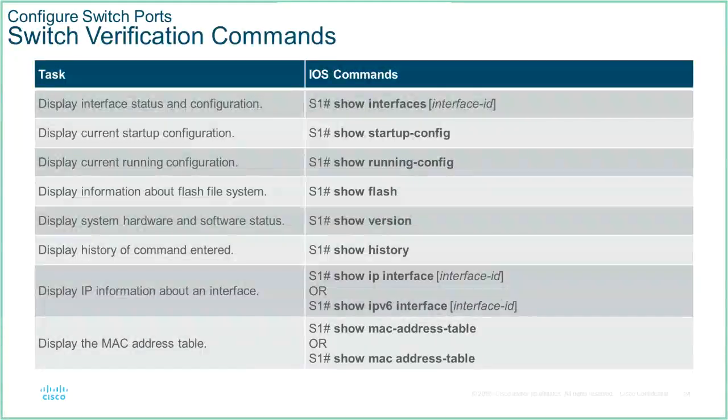Remember, switches learn MAC addresses as they arrive inbound. Okay, so as the frame arrives on a switch port, it records the source MAC address and it says the source is available via port 5, and that's what's entered into the MAC address table.